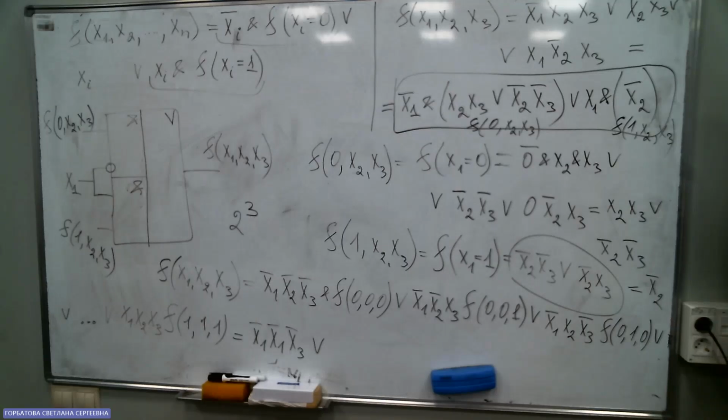So for 3 variables, 0, 1, 0 is a binary number, which is 2 in the decimal system.